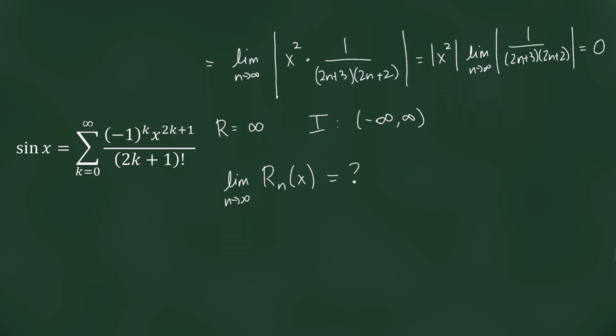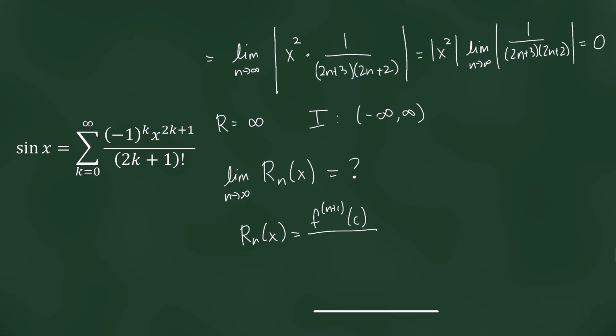So let's inspect these remainders. So R sub n of x, the formula for that is going to be the n plus first derivative of f at c, divided by n plus 1 factorial, times x to the n plus 1. We don't need x minus a here, because our a value is 0.